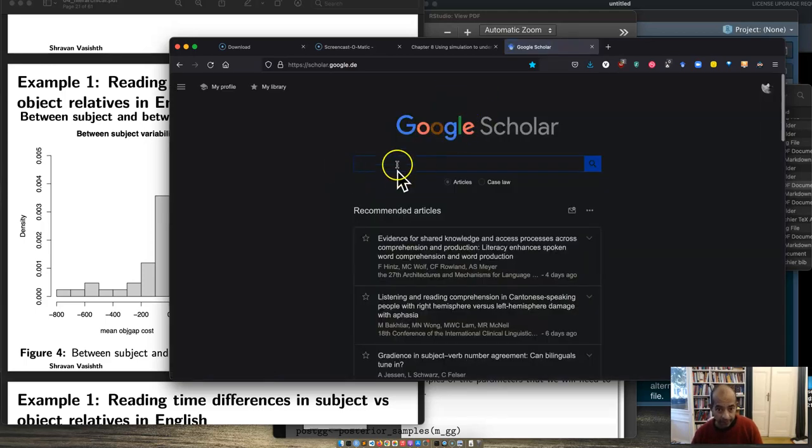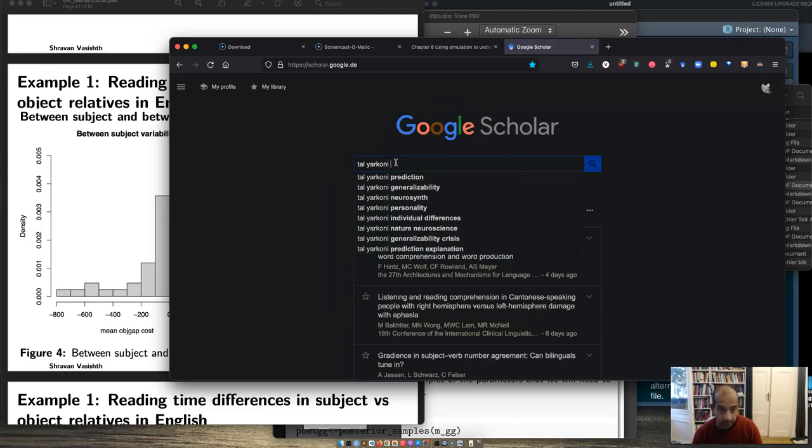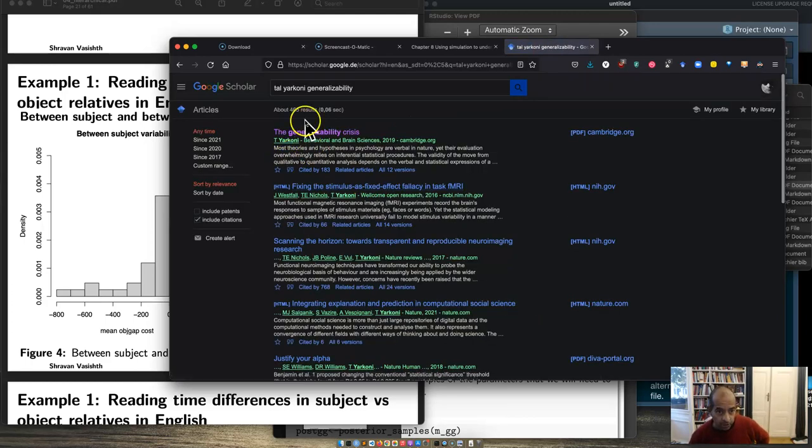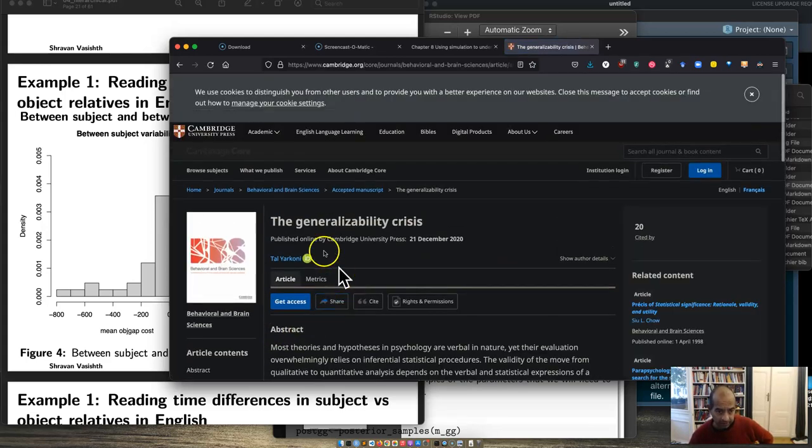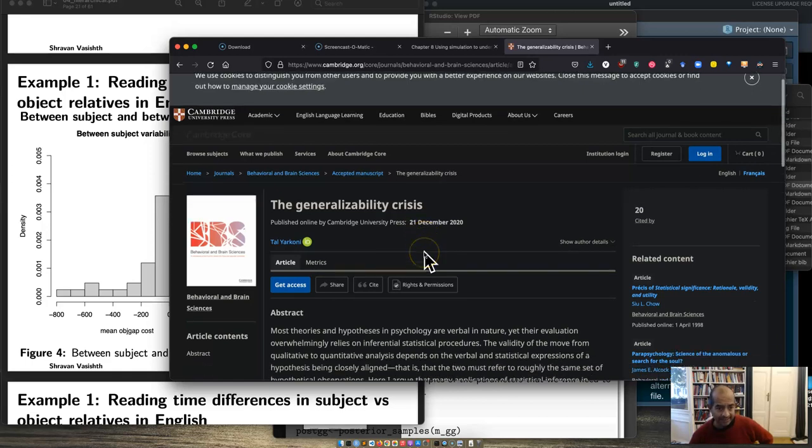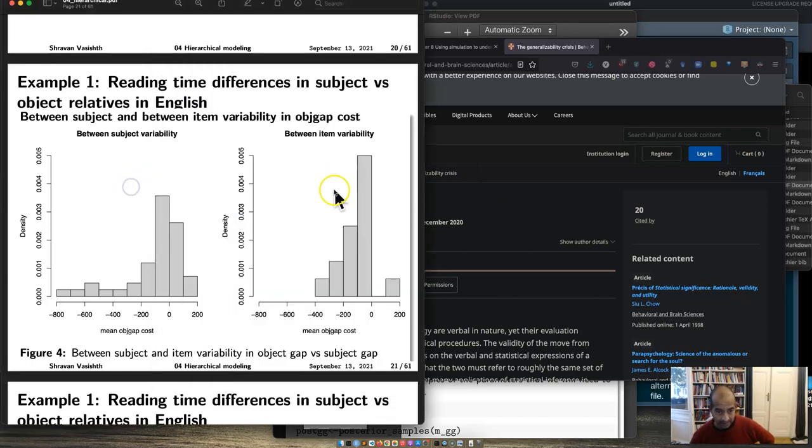It's a very important paper about generalizability. His basic complaint is that in a lot of research, people don't allow enough variability in the items, and if you don't allow that much variability in the items, you can't really generalize over them, right?